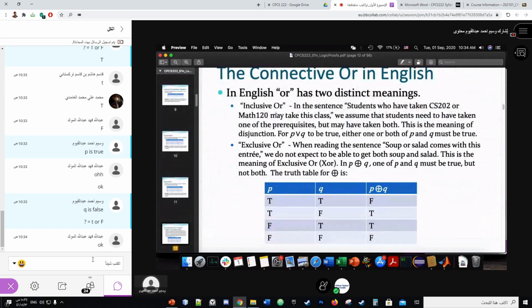Then we move on to the next or. For example, we have another, exclusive or. Exclusive or means only one of them has to be true. In English, or can mean two things.